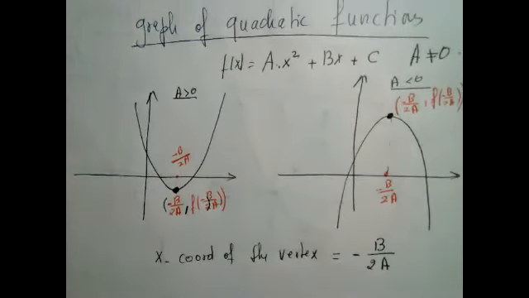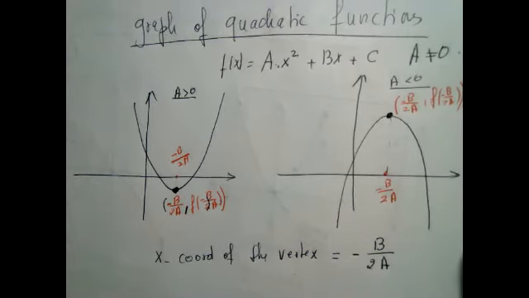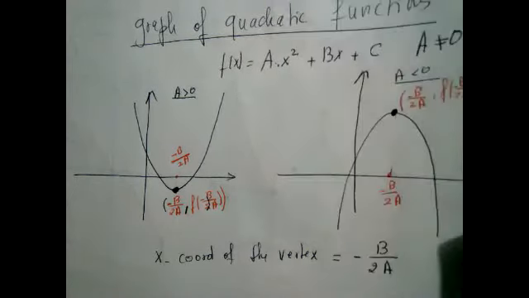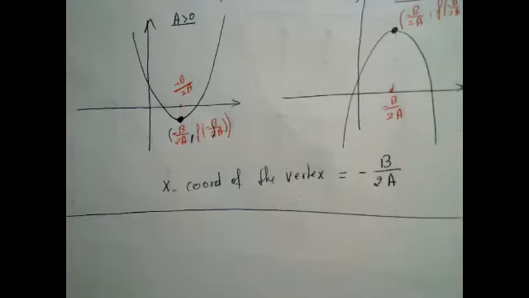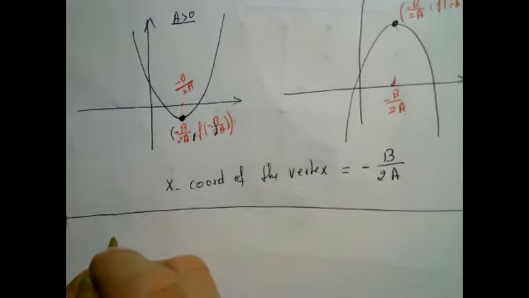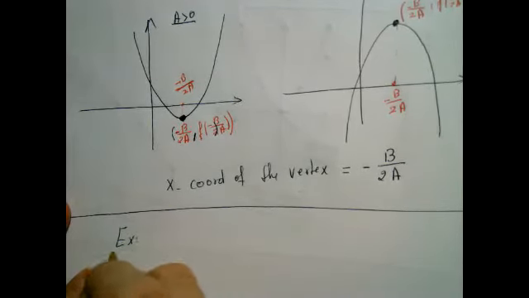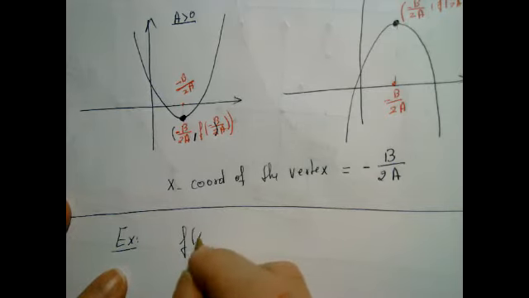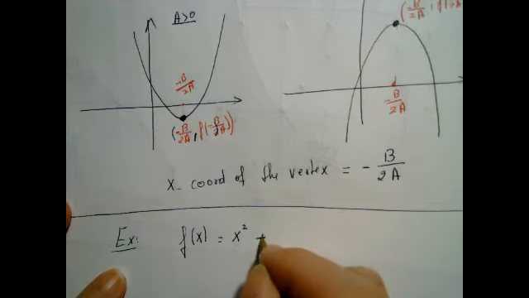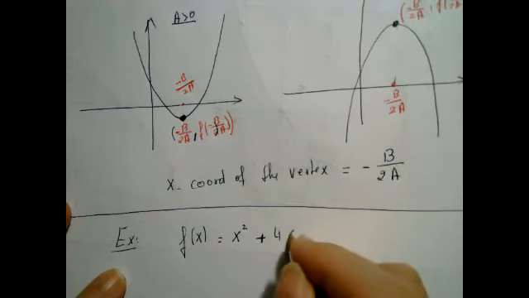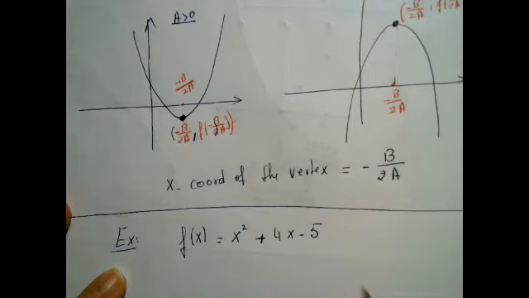Okay, so with this info, we can sketch all the quadratic functions that we want. And that's what I'm going to be doing right now. We're going to do at least two problems where we're going to practice those ideas. So question number 1, example 1. Let f of x be equal to x squared plus 4x minus 5.